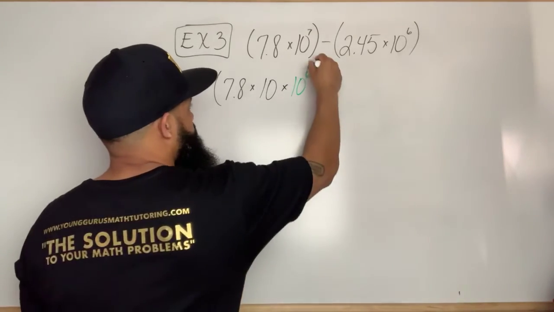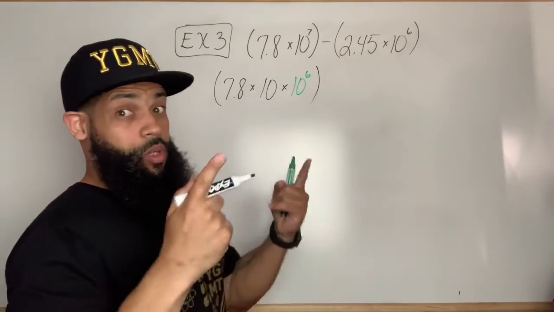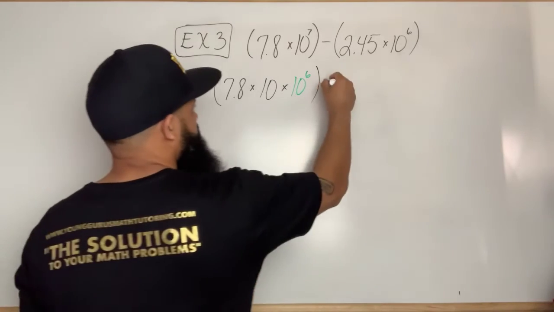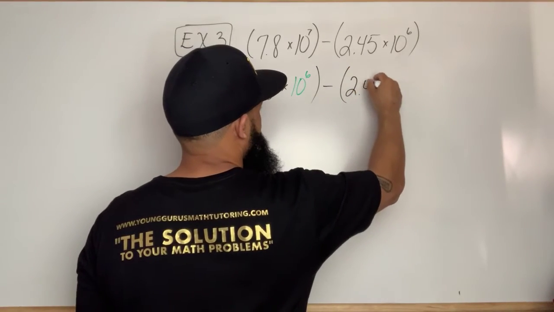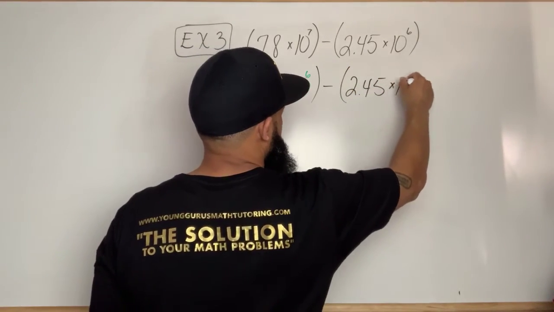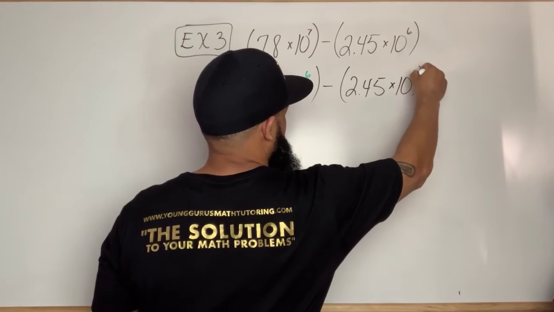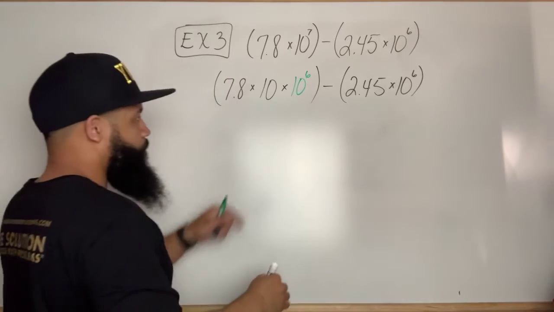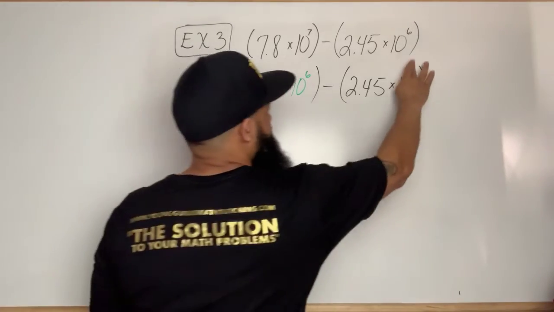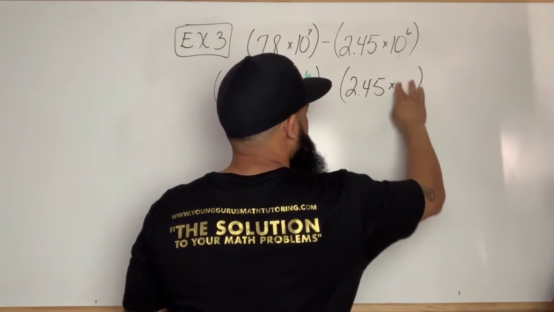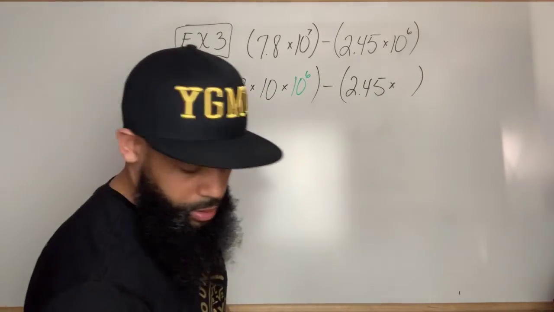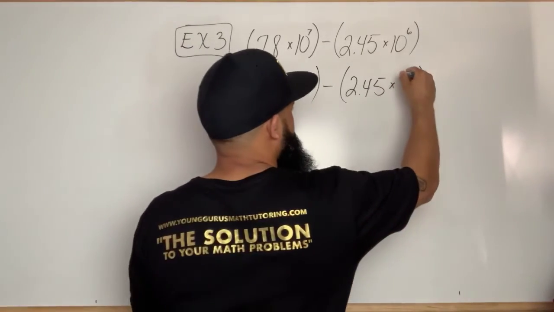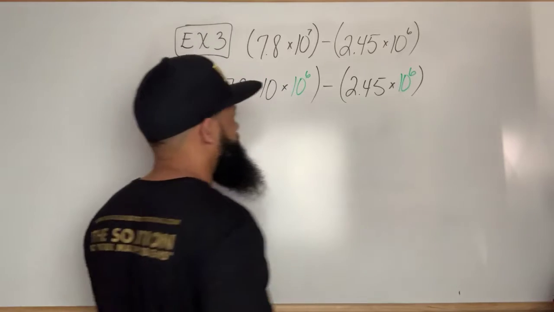Remember, 10 is 10 to the 1 power. Then I want to subtract 2.45 times 10 to the 6th power.